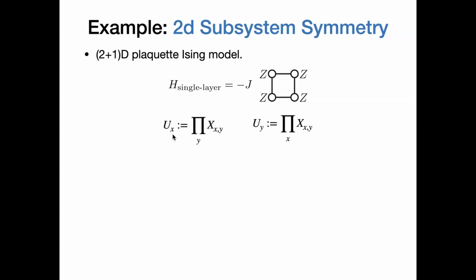So, for example, these are the symmetries acting on each single column, and these are the symmetries acting on each single row. If I want to gauge the symmetry, which means I need to gauge all of these 1D symmetries. So I need to, for example, start from the first row, gauge the 1D symmetry acting on the first row, and then do the gauging for the second row and the third row.